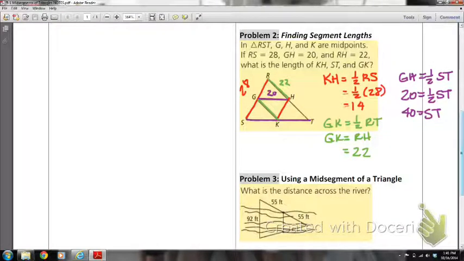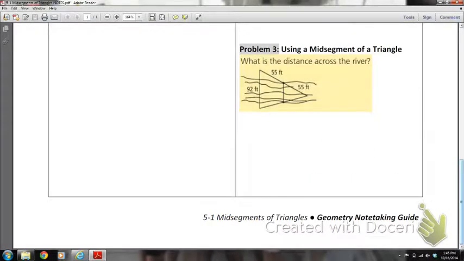So looking at problem 3, we're going to be using the mid-segment of a triangle. So in this problem, they want to know what is the distance across the river. They give you a couple of distances here, 55 and 55. So we know that these two are congruent segments, and that this point is a midpoint of that side.